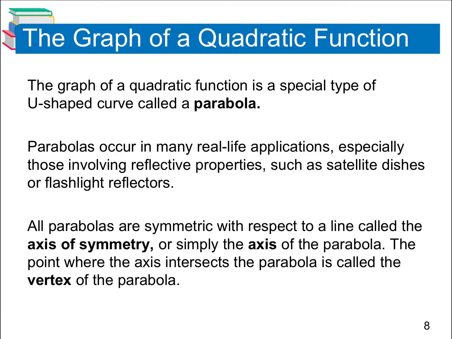All right, so this talks about quadratic functions a little bit deeper. The graph of a quadratic function is a special type of U-shaped curve called a parabola. Parabolas occur in many real-life applications, especially those involving reflective properties, such as satellite dishes, because satellite dishes are like U-shaped.